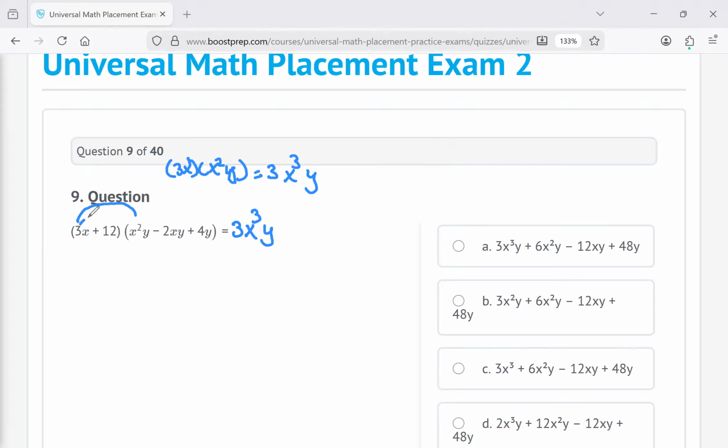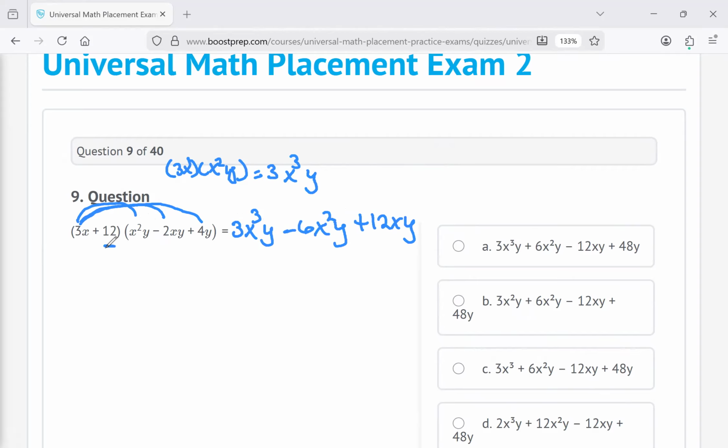Keep on going. What's 3x times negative 2x y? I could do this in my head a bit. 3 times negative 2 is negative 6, and then x times x is x squared, and then you have that y. Keep on going. 3x times 4y is 12xy.